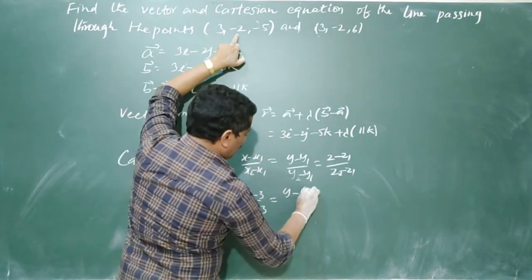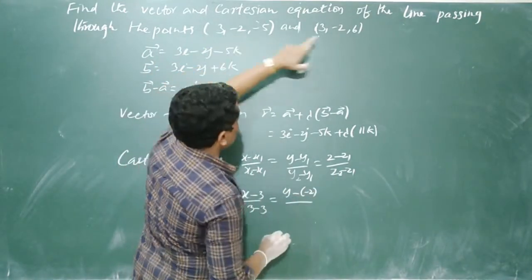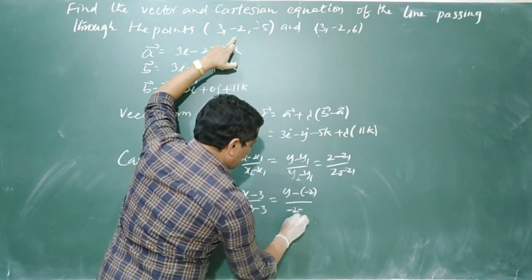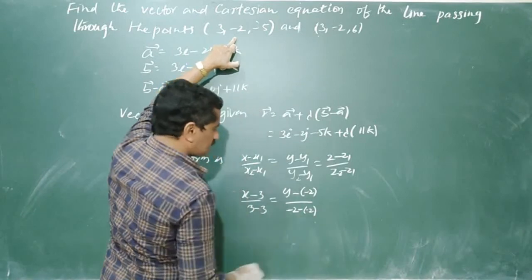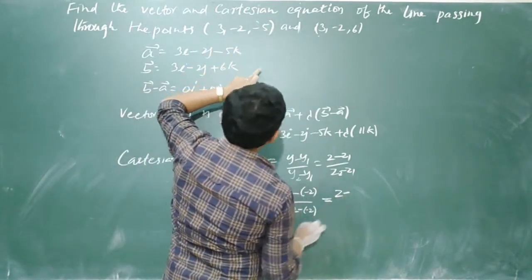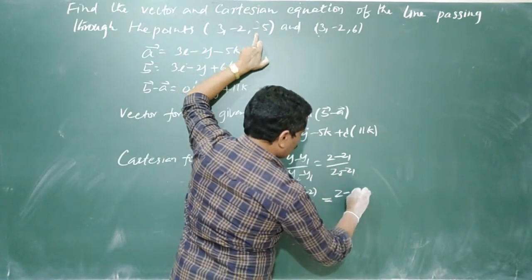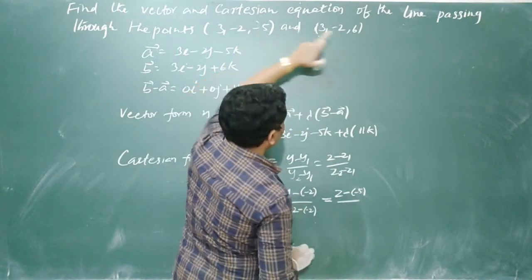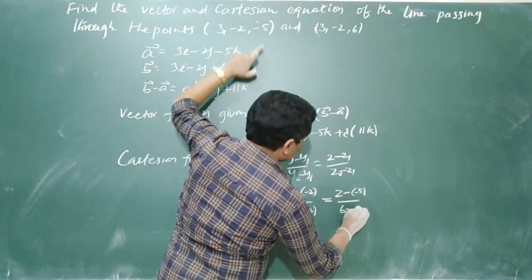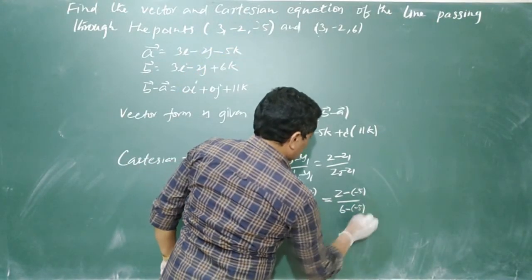That is minus 2 by y2 minus y1, we have minus 2 minus of minus 2. Again that is equal to z minus z1. What is z1? That is minus 5 by z2 minus z1, that is 6 minus of minus 5.